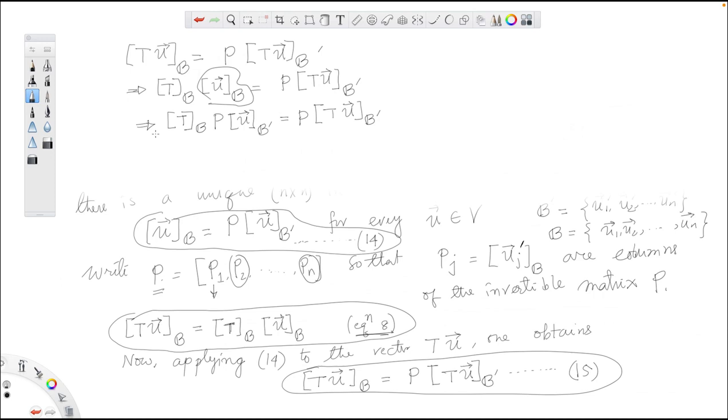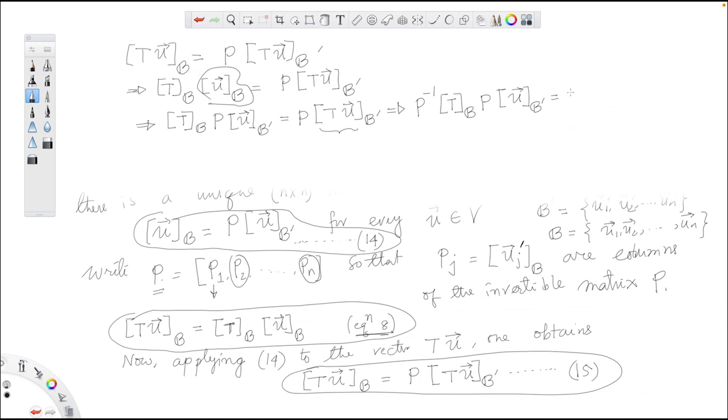Then I can bring this P here and it will become P inverse, or you can multiply both sides by P inverse from the left, so that you have the identity matrix here and we have P inverse, the matrix representation of T relative to B, times P, times the coordinate matrix of u relative to B prime is equal to, right?